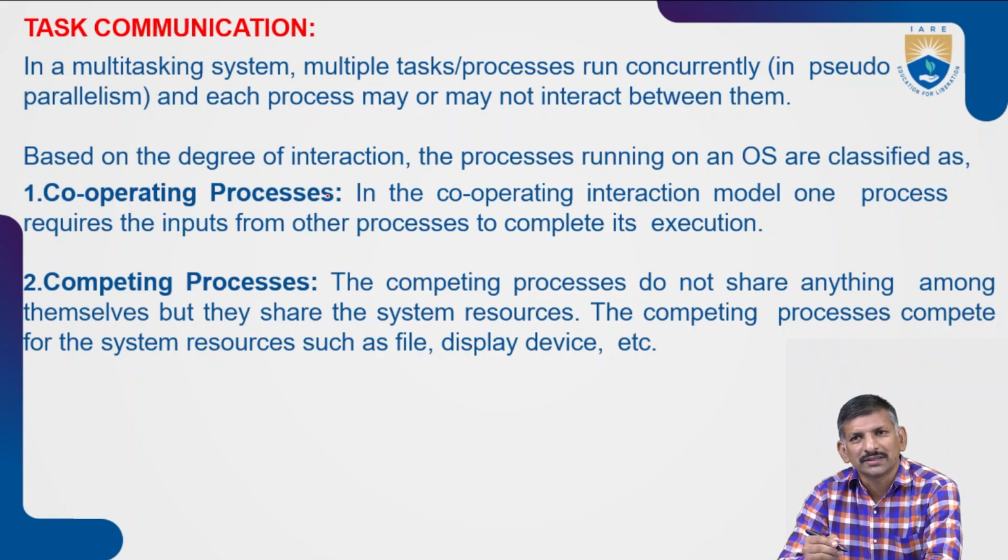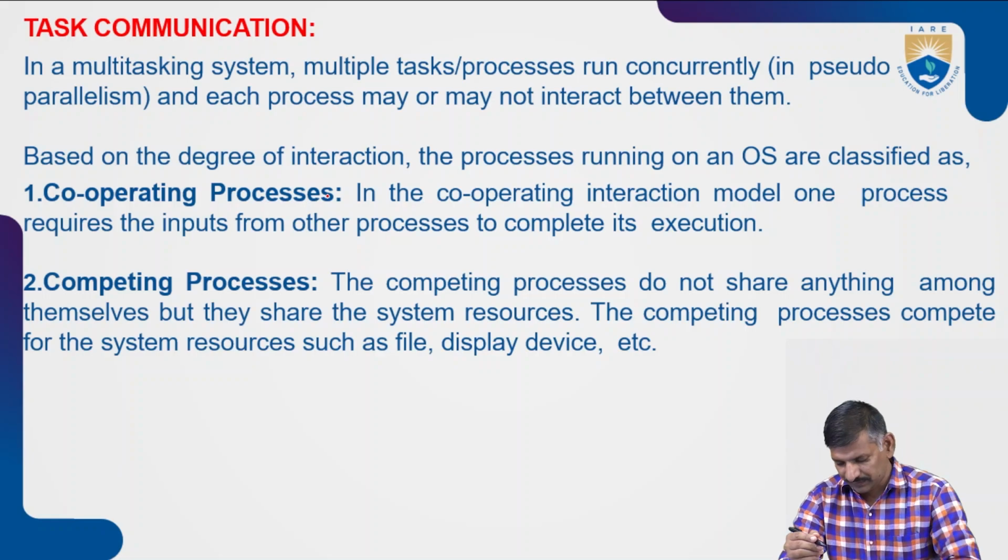Second, the competing process. Competing processes do not share any information. They share resources like common memory, common output devices, additional hardware or communication peripherals. That type is called a competing process.